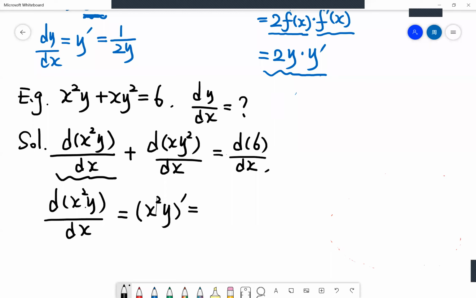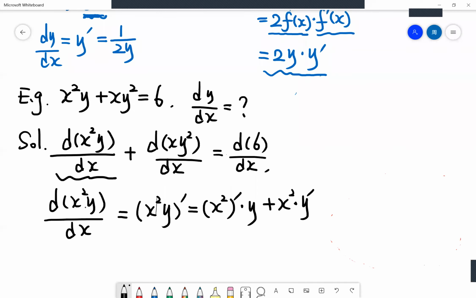And we use the product rule, right? So that is (x squared) prime times y, plus x squared times y prime.